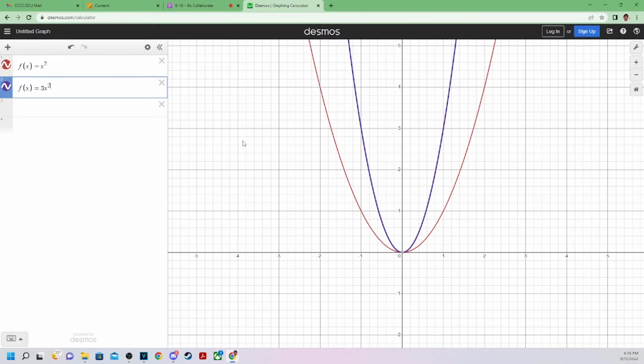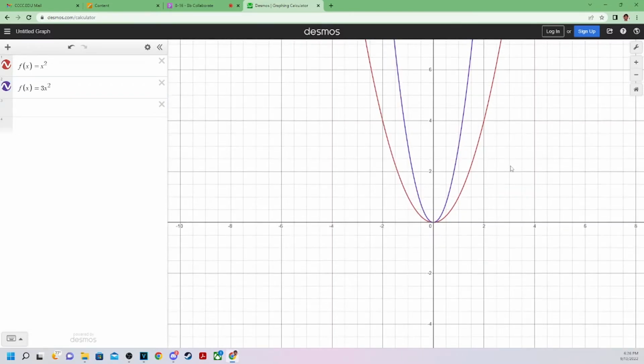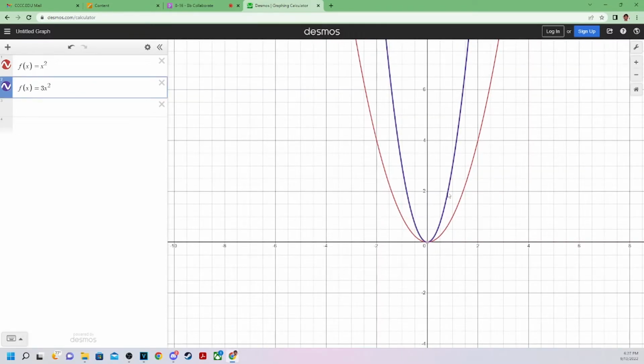What does that mean? Imagine a rubber band, and I grab the top ends and the bottom ends, and I stretch that rubber band. If I stretch it up and down, that rubber band will get skinnier. So my parent graph is the red one in this case, and my purple one is the transformed one. It got skinnier. It got stretched vertically.